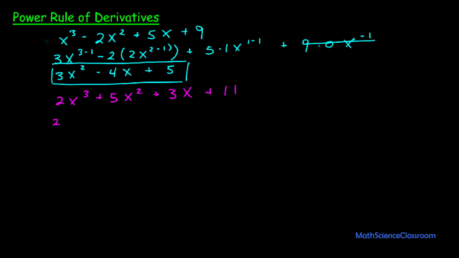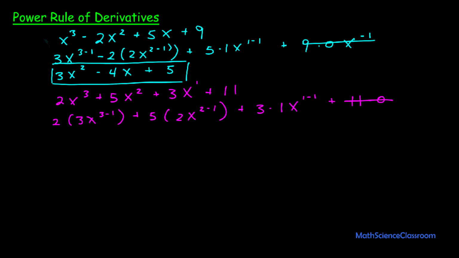So we have 2 and then 3x to the 3 minus 1 power, plus 5 and then 2x to the 2 minus 1 power, plus then 3 times x to the first power, so it would be 1x to the 1 minus 1 power, and then it would be 11 times 0, so we would cross that out.